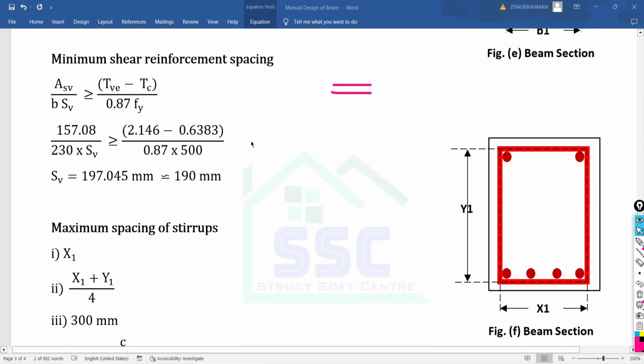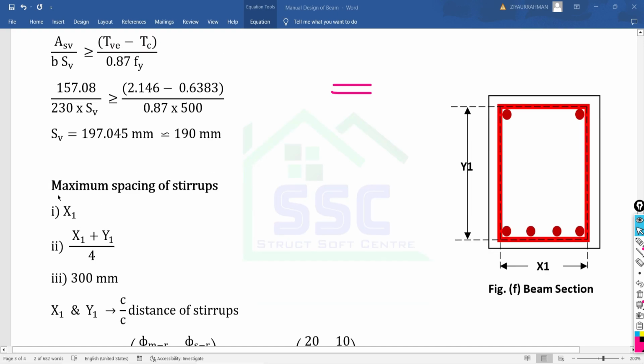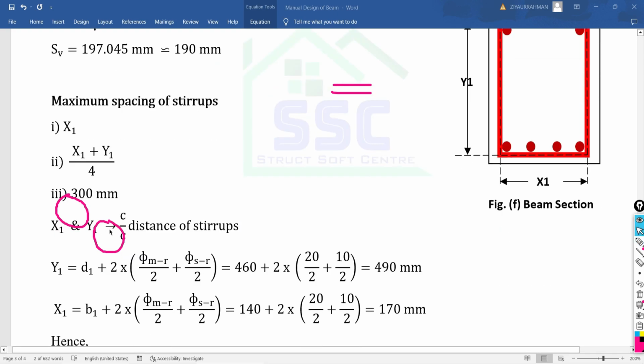Plus we have to check it with the maximum spacing criteria. In no case should your spacing be more than the least of these three values: x1, (x1 plus y1) divided by 4, and 300. So the question here is how you can calculate this x1 value and this y1 value. This is actually the center to center distance between the shear reinforcement along its section. So how can I calculate this?